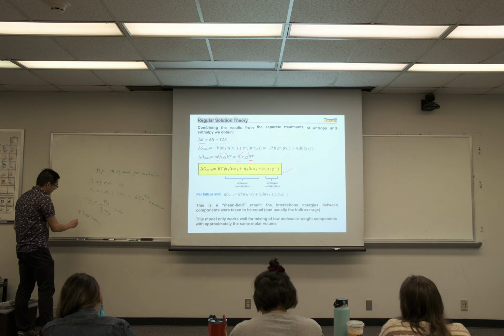In this case, number of lattice sites will be 1 times 10 to the power 23 plus another 1 times 10 to the power 23.